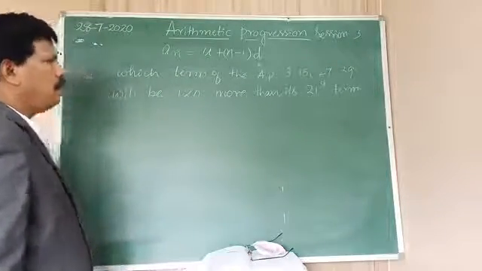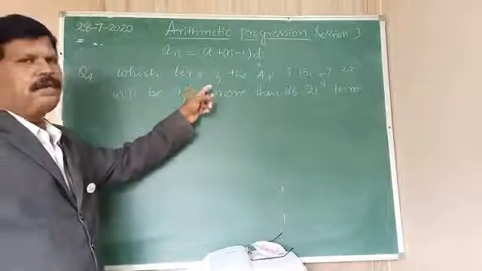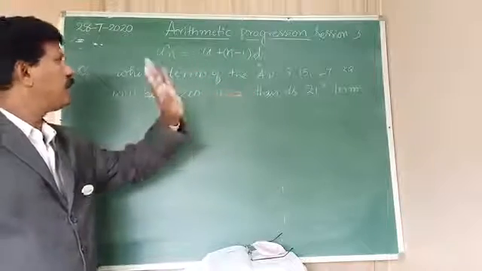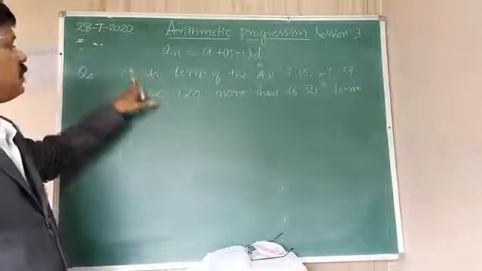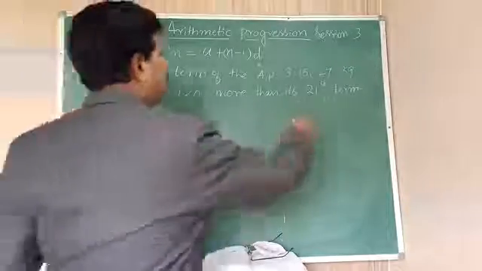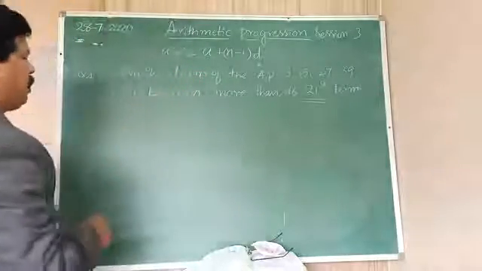Okay. Now we want a term of this AP which is 120 more than its 21st term. Which term? That means how many terms? So the first thing is to find out the 21st term of this AP.